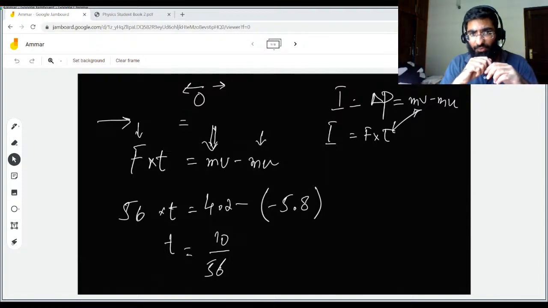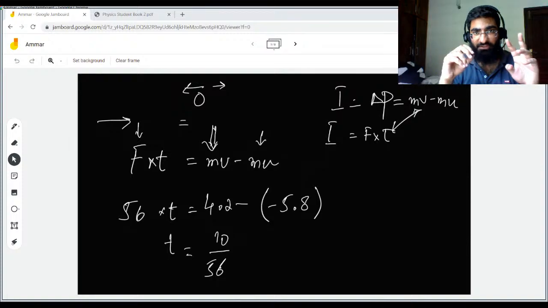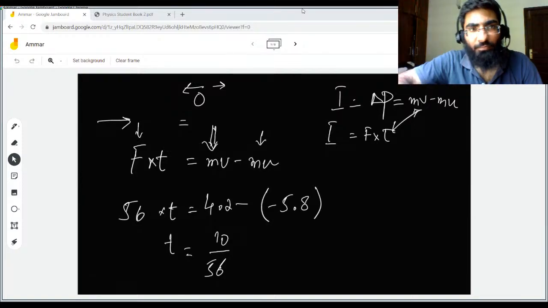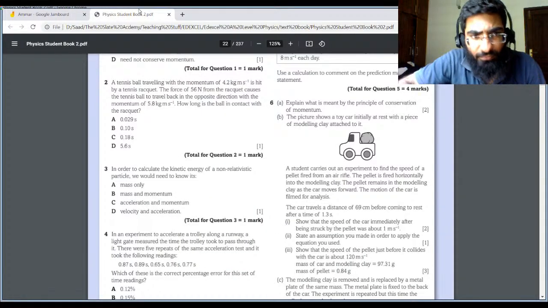Here you wrote it's mv minus mu. Isn't mv 5.8, and mu 4.2? mv is the momentum after being hit by the racket. Wait, after is 4.2? Okay, I didn't realize. I thought after is 5.8. Wait, no, I made a mistake.